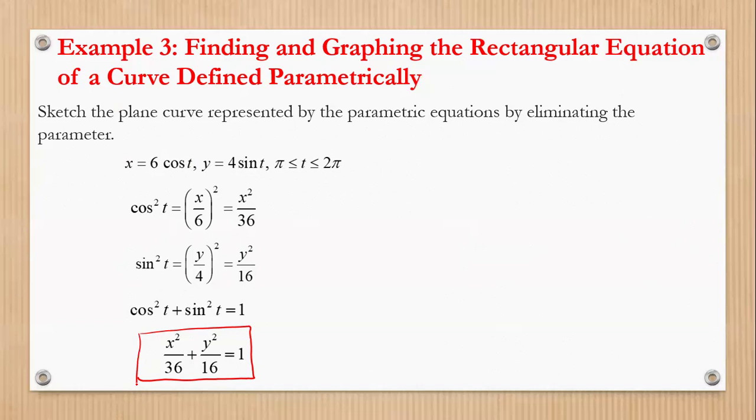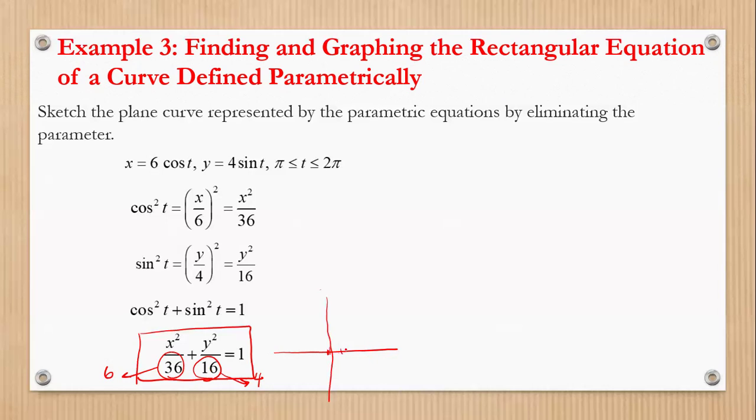And if you remember from Math Theory A, this equation is the equation of an ellipse. So we have an equation of an ellipse, in which the major axis, that's the number under the x, 36, means we have 6 away from the origin, and the minor axis, 16, tells us that the minor axis is 4 from the origin.